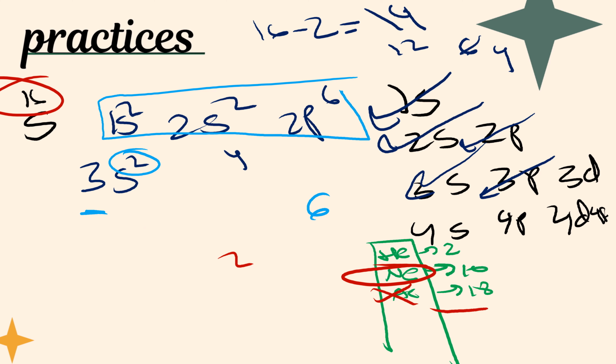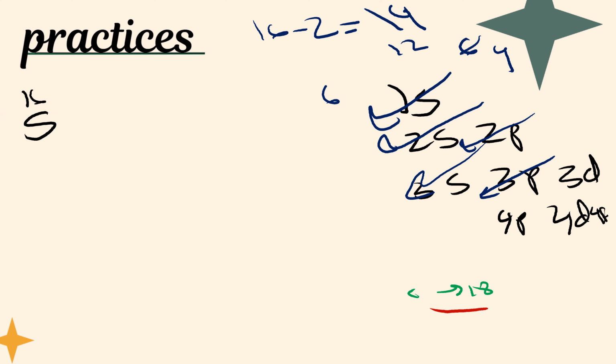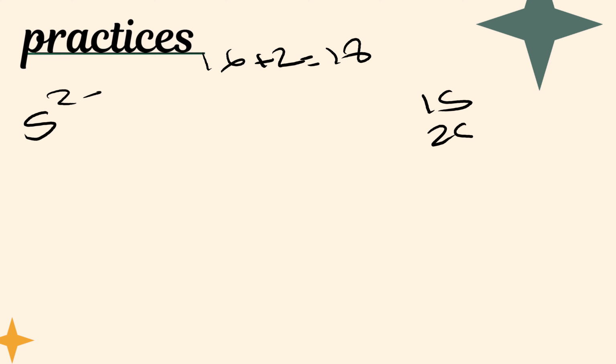For this example, let's say we have the sulfur ion, S minus 2, which gains 2 electrons. It already has 16, plus 2 gives us 18. So we would use 1s, 2s, 2p. You can use the periodic table method too.